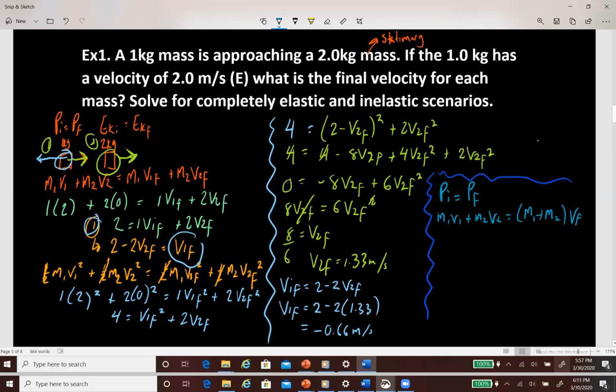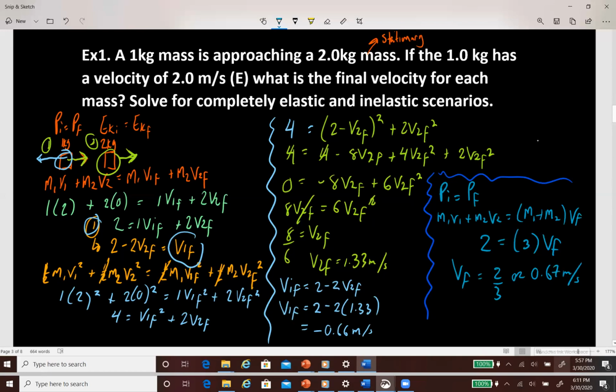We already know from the first section that the initial momentum was 2. So that's no different. Now, in this case, the mass is the sum of the two masses, so 1 plus 2, which is 3, times your final velocity. Final velocity then would be 2 over 3, or 0.67 meters per second.